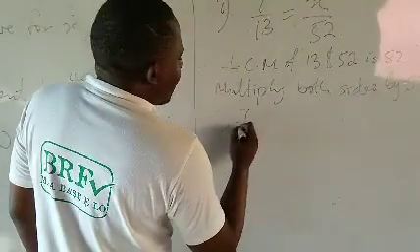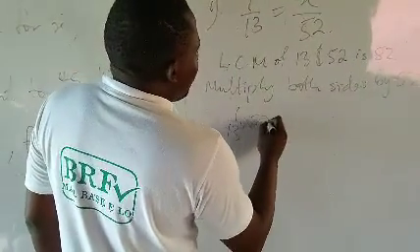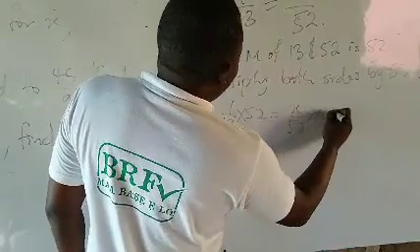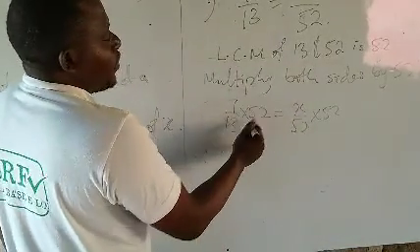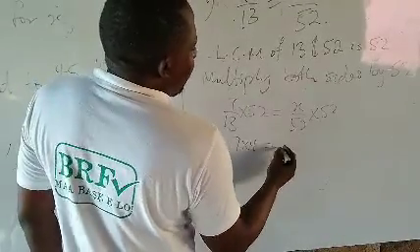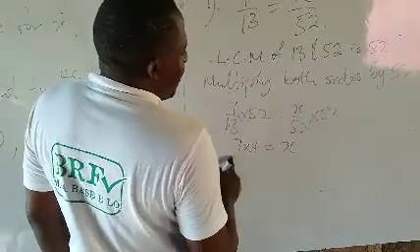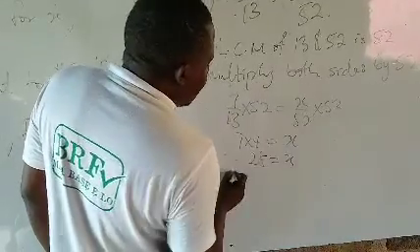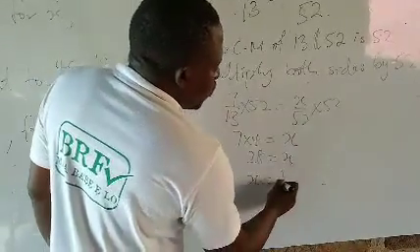Now you have 7 over 13 times 52 is equal to x over 52 times 52. Over here, 13 into 52 is 4, and 52 and 52 is 1. You have x here. 7 times 4 is 28. That means 28 is equal to x. Therefore, x is equal to 28.